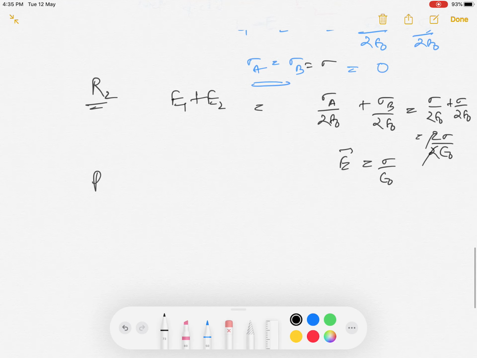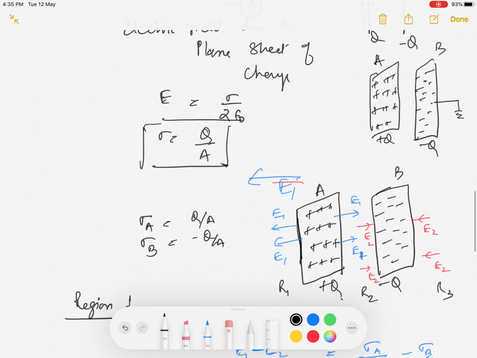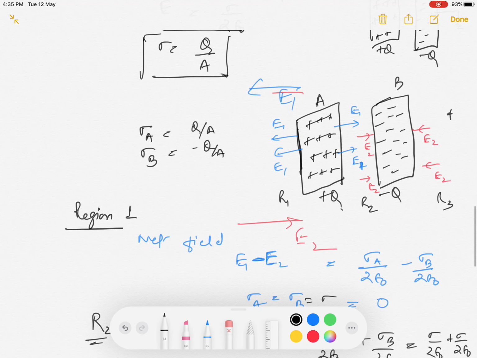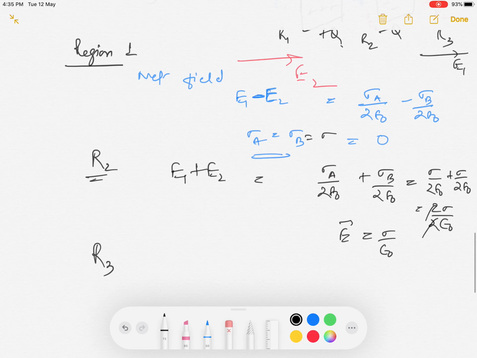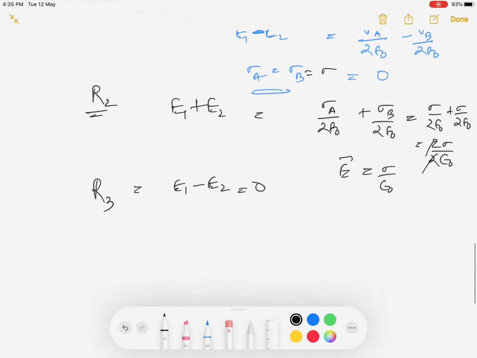Now the third region is outside. Here also E1 is in outward direction and E2 is in inward direction. So again the net field will be 0.